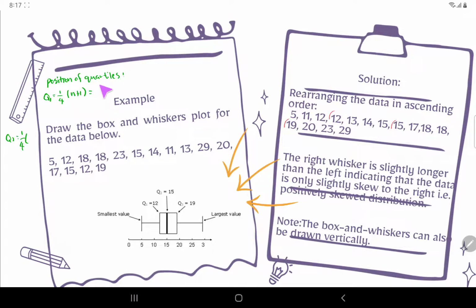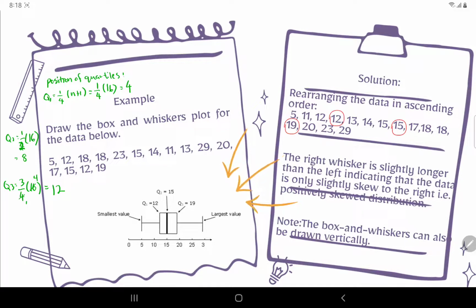So ini 15 plus 1, 16 lah. Q1 is 1/4 times 16, Q2 is 1/2 times 16, and then Q3 is 3/4 times 16. So this is the location. So ini jadi 4, sini jadi 8, sini jadi 12. Okay, the position.